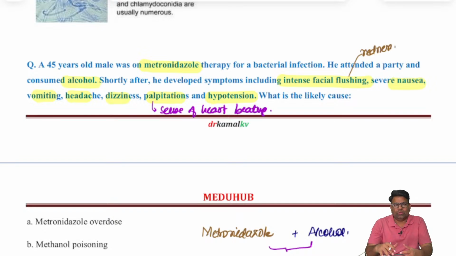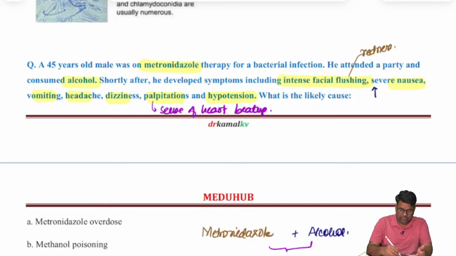If a person is on disulfiram, he will not take alcohol, because he knows that there will be a severe reaction like flushing, nausea, vomiting, palpitations and so on. So it is a compulsion for the patient on disulfiram to avoid alcohol.